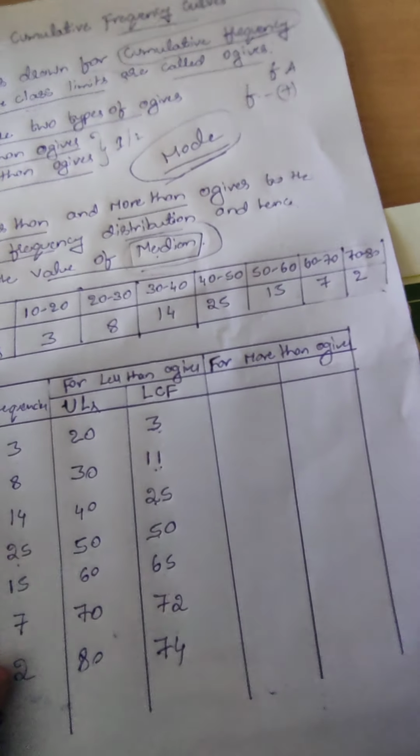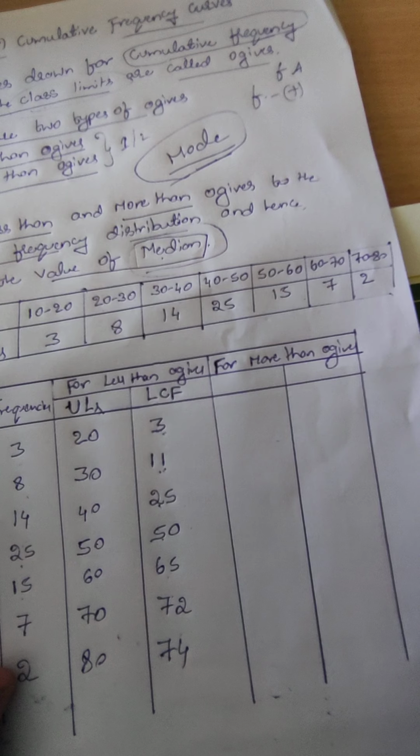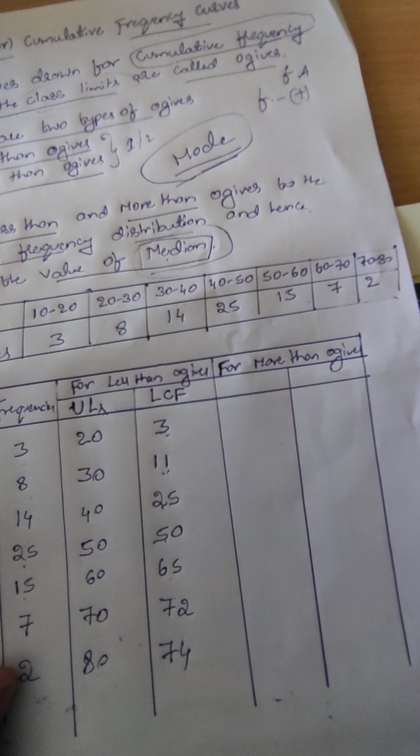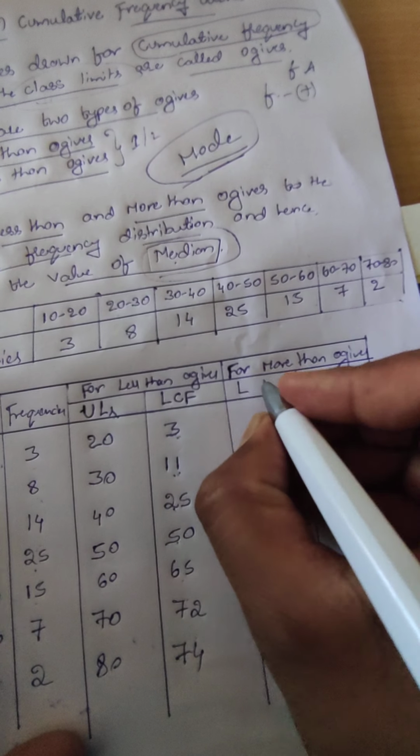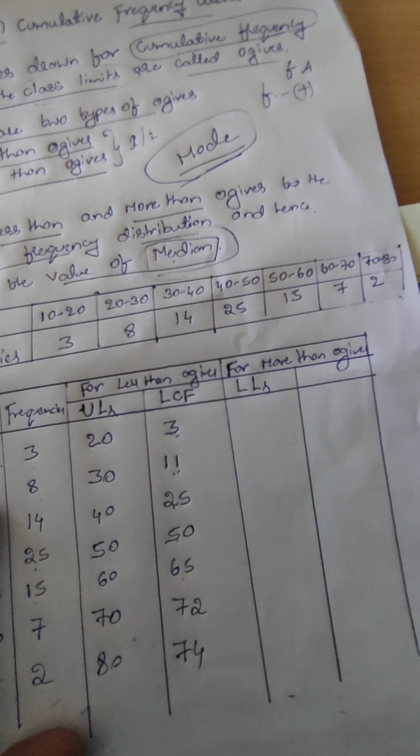Next we have to identify the more than ogives. Under the more than ogives, first we have to identify the lower limits.